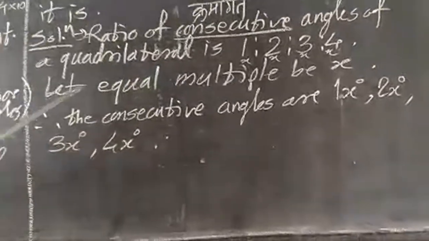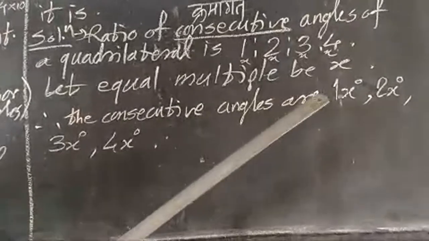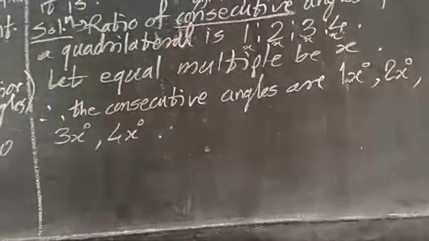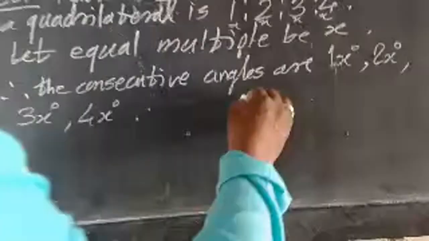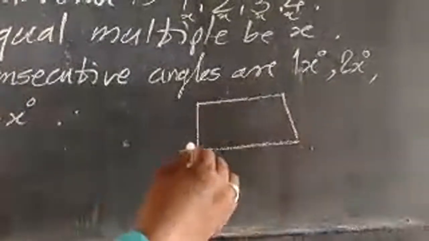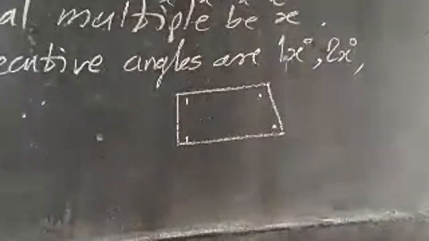This is a quadrilateral. And how many angles are there? 4 angles. In a quadrilateral, we get the addition of these 4 numbers.